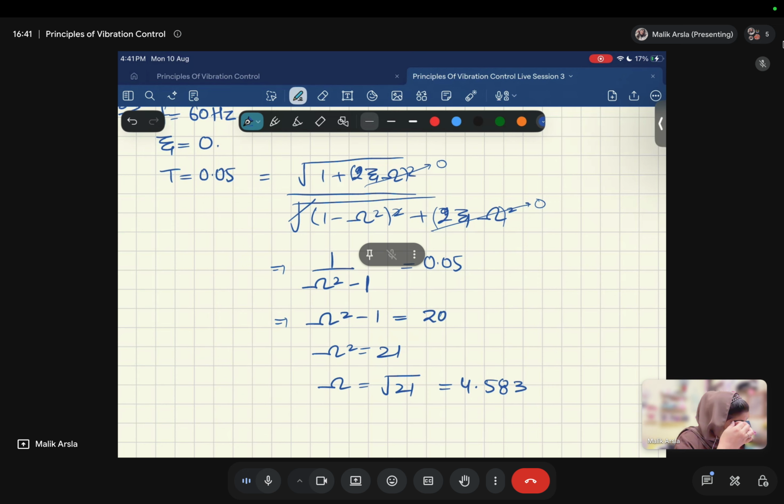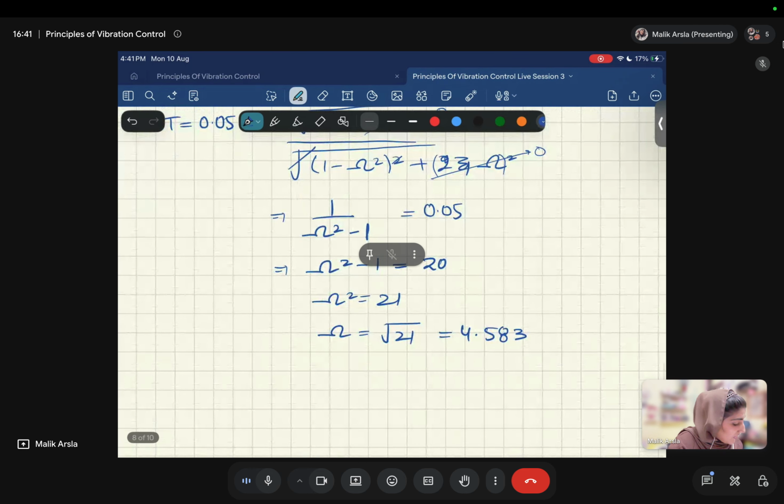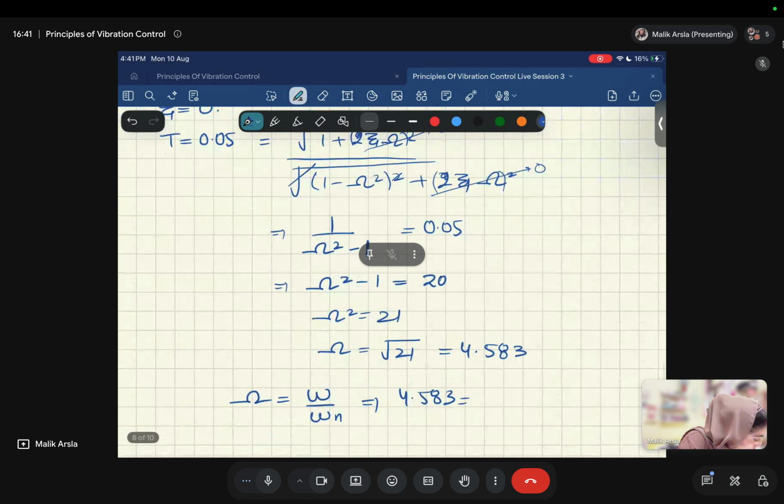Now since we need to find the stiffness, we know that omega is nothing but excitation frequency upon the natural frequency, which implies 4.583 is equal to, the excitation frequency is 2 pi into 60 upon the natural frequency is under root of k by m.